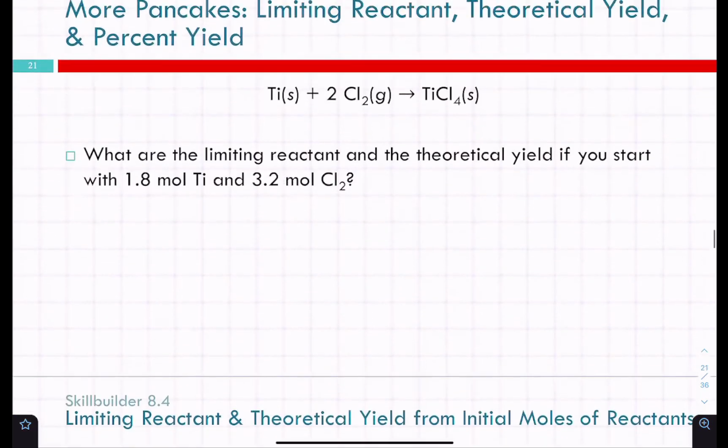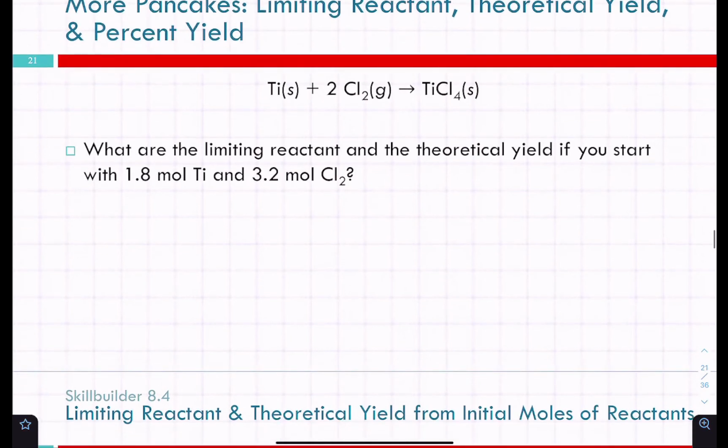All right, easier problem because we're starting out with moles of each. So we can start off with 1.8 moles of titanium, and we need to calculate the amount of product that we can make here. So with our 1.8 moles of titanium, what is the ratio from titanium to titanium chloride?